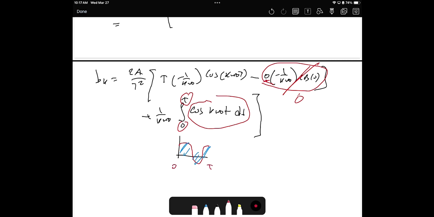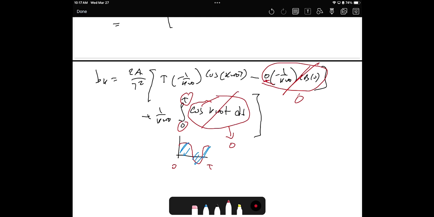Therefore, this one will be definitely 0, right? The sine or cosine over the full period, the positive side and the negative side will cancel each other. Is this correct? Yes. So this is 0.